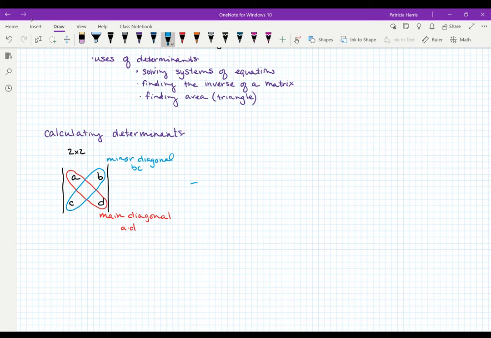Okay, to find the determinant, you're going to subtract those. You're going to go main diagonal minus the minor. Some students like using the letters: A times D minus B times C. And then we're done. Okay, so let's do that with numbers instead of just letters.